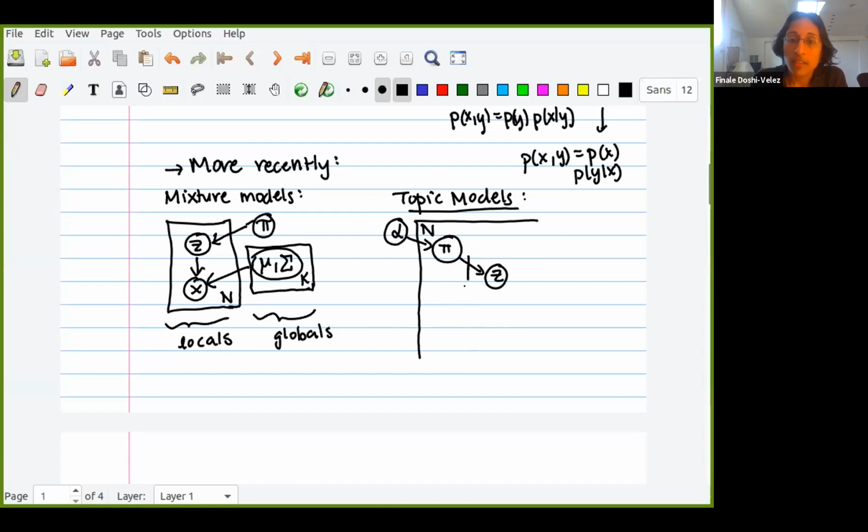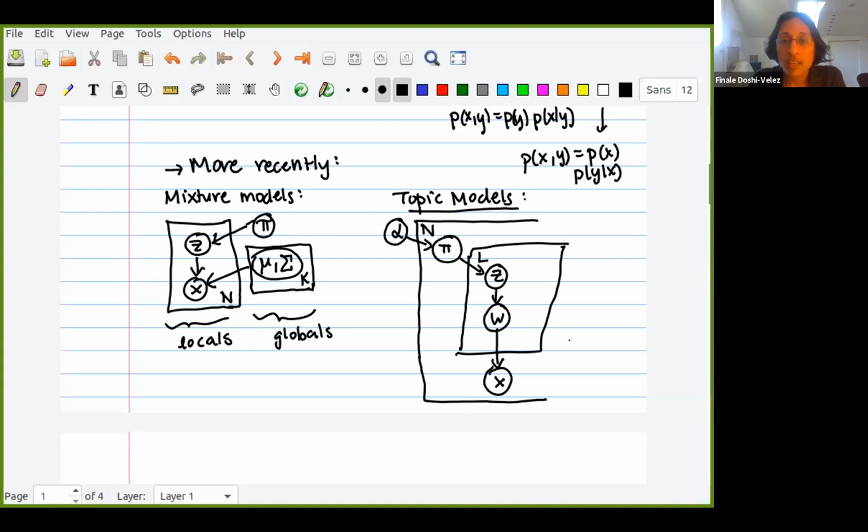So now I'm going to need another little plate over here for the length of the document. And Z produces the word. And then we can get counts of words in the document. That was our X out here. And then the last bit that I need is the theta. There were K topics theta over here that helped predict the word.